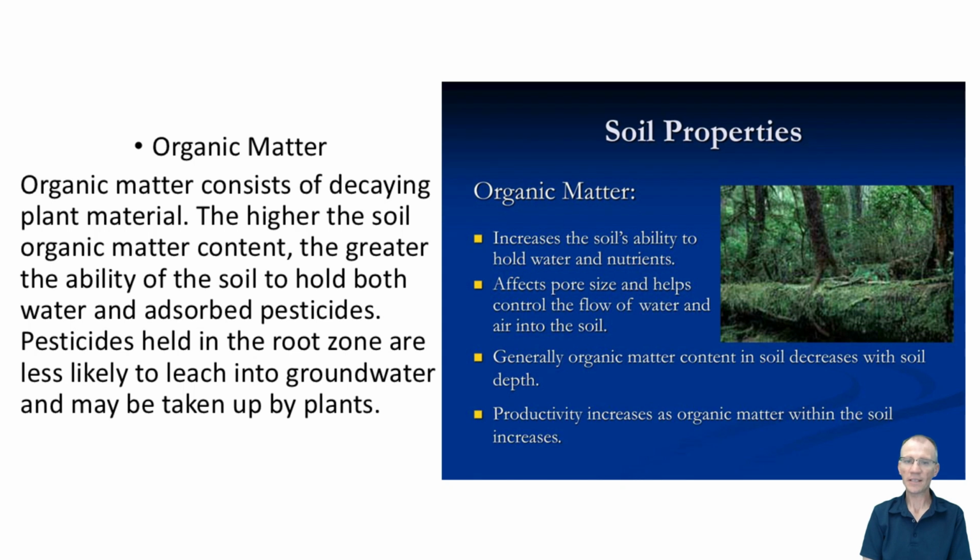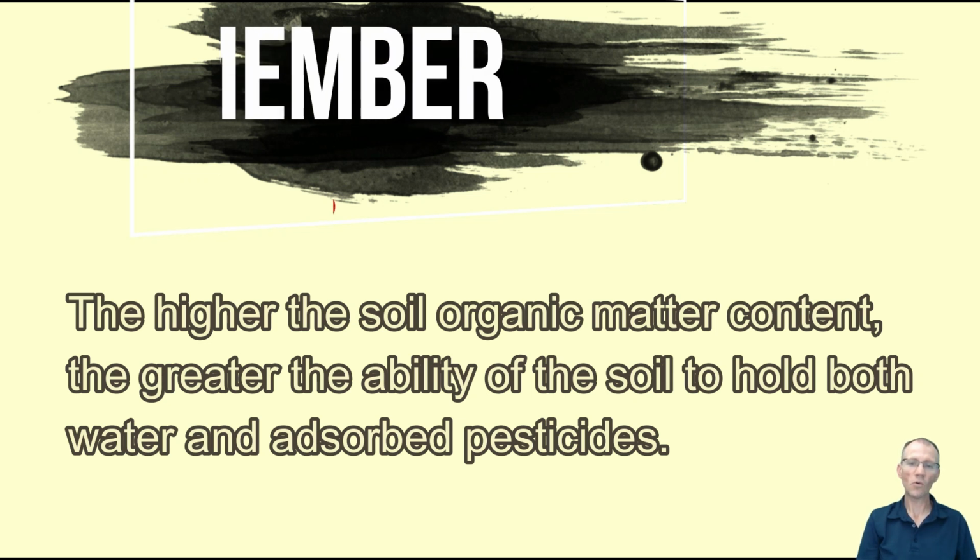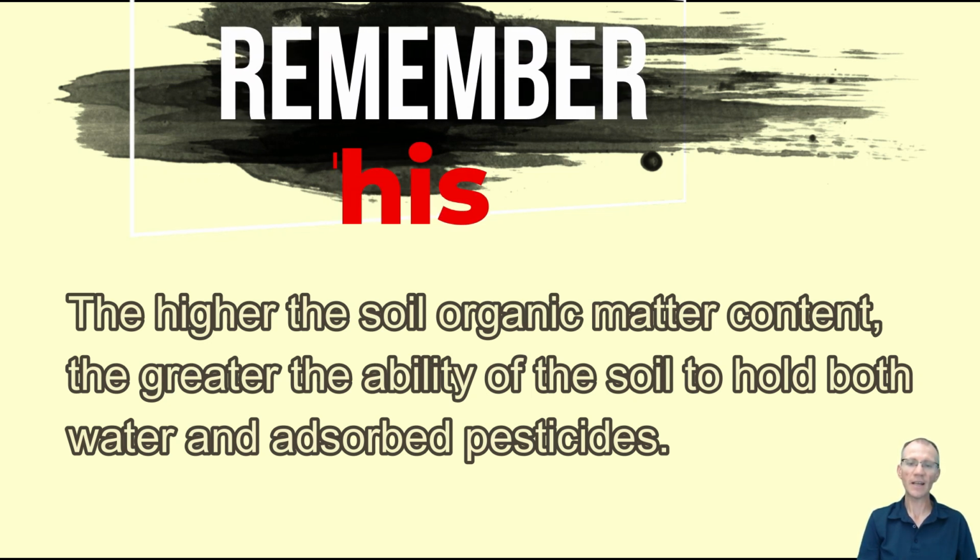Organic matter consists of decaying plant material. The higher the soil organic matter content, the greater the ability of the soil to hold both water and absorb pesticides. Pesticides held in the root zone are less likely to leach into groundwater and may be taken up by plants. Remember this. This is on almost all core exams in almost any state I've taken them in.